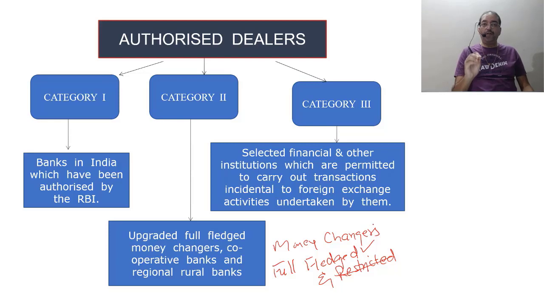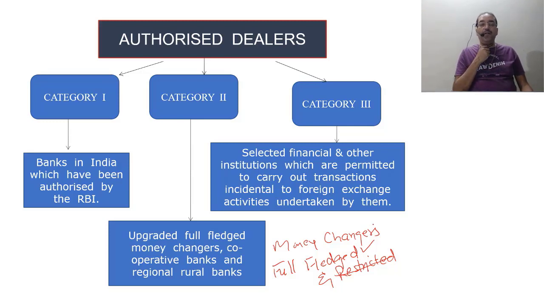At those places you will find Thomas Cook, Cox and Kings, Western Union Money Transfer, at certain selected spots where foreign tourists are likely to be.